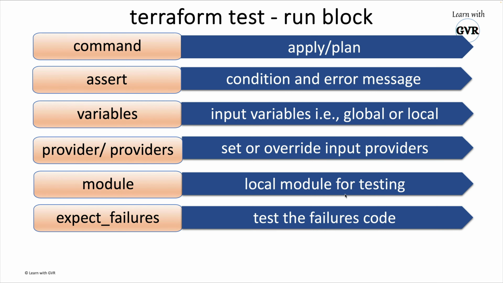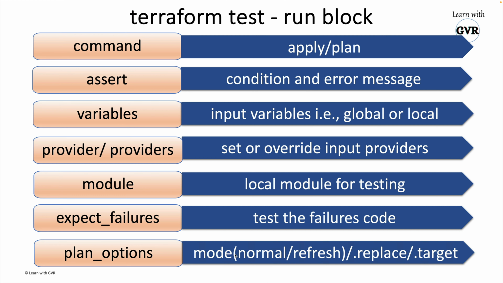With this, last but not the least, plan options. So we know the Terraform test command default is apply, and plan you can specify. If you specify a plan, how you want to execute the plan? Plan options mode, whether you want to run a plan normally or you want to do the refresh, or plan options replace, plan options target.